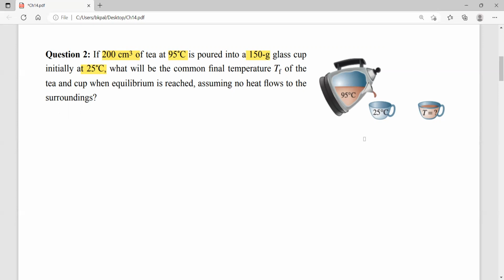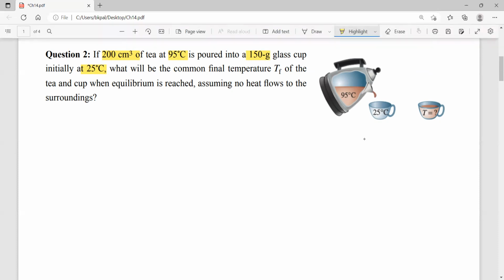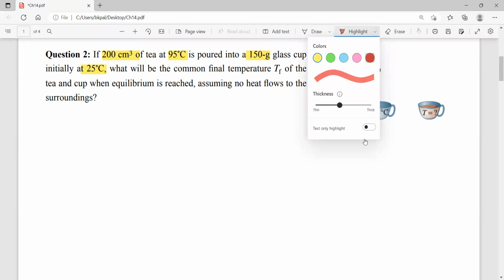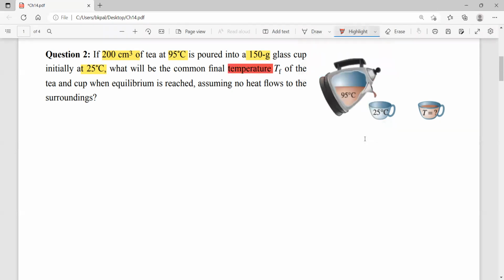The tea will be losing heat. It will be giving heat to the cup, and the cup will be gaining heat. Because of thermal equilibrium, at some point the temperature of both objects, the tea and the cup, will be the same. And that temperature we have to calculate. So what is the final temperature of these two systems?